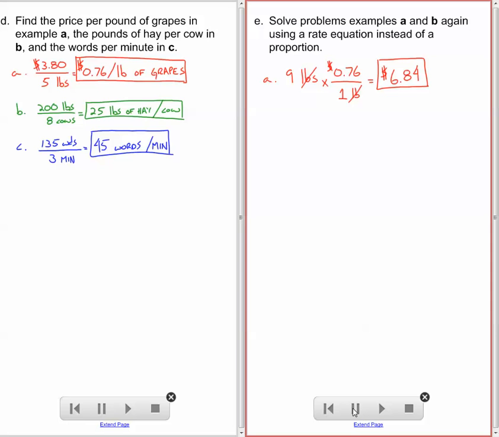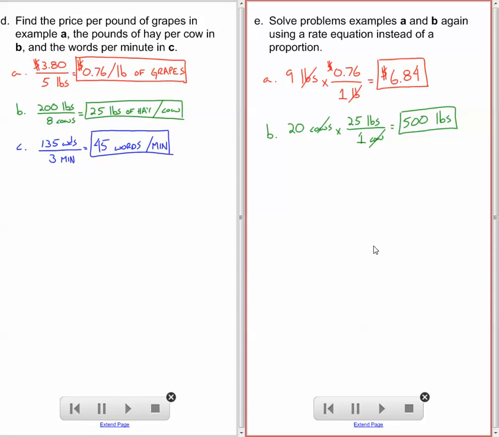Let's do this again. In B, we were trying to figure out how many pounds of hay 20 cows would eat. So we're going to start with 20 cows. We now know that they ate 25 pounds of hay per cow. The cows cancel out. 20 times 25 is 500 pounds of hay.